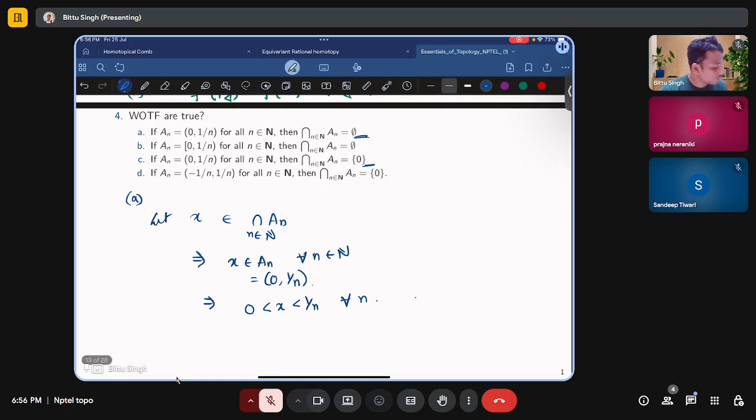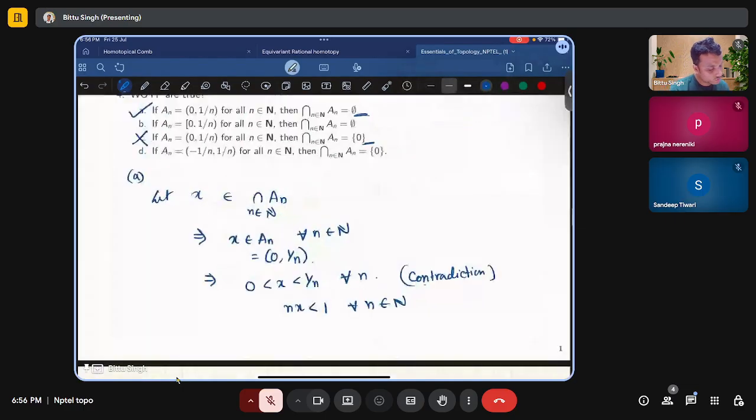It is a contradiction. It says that nx is less than 1 for all n, but the Archimedean property says there exists some n for which nx is greater than 1. So this is not true. Therefore the intersection cannot have anything. Hence the intersection is empty, and therefore this is false.